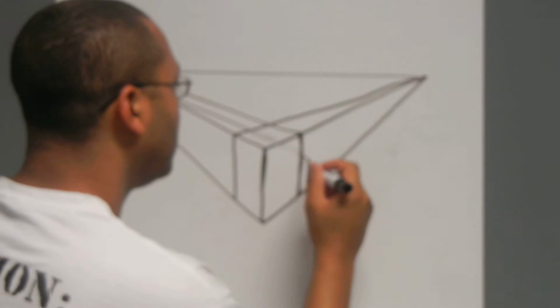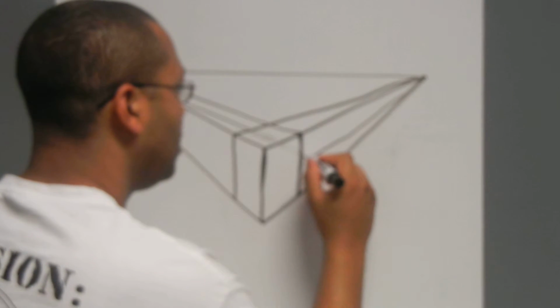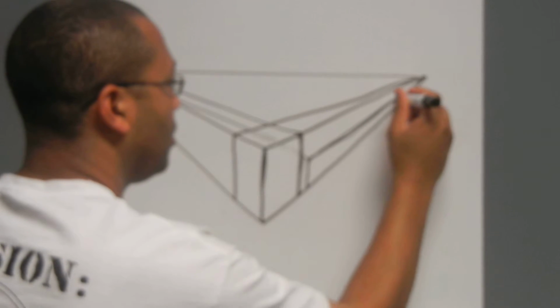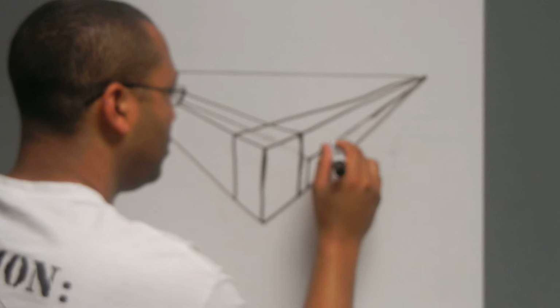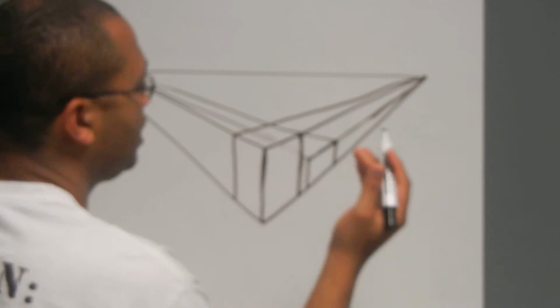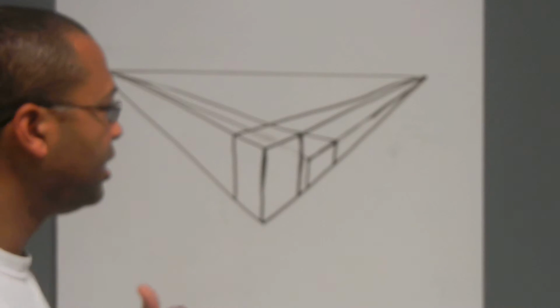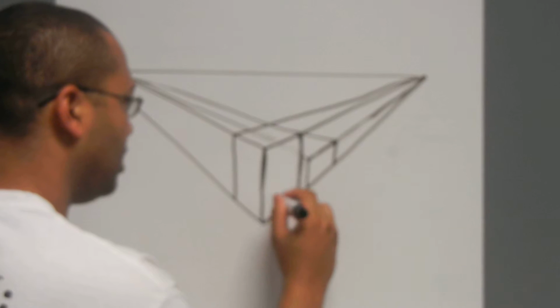I don't need it anymore. Take the top of this, take it there. That was a little bit crooked. Let me do that better. Okay. And so there again, that kind of worked out for me. But you start seeing that this is now a building.